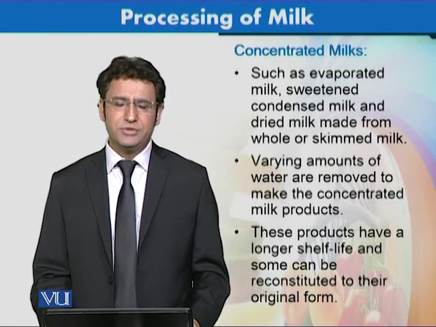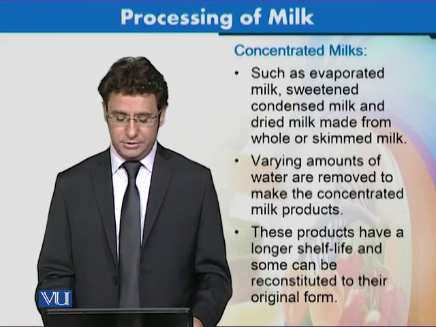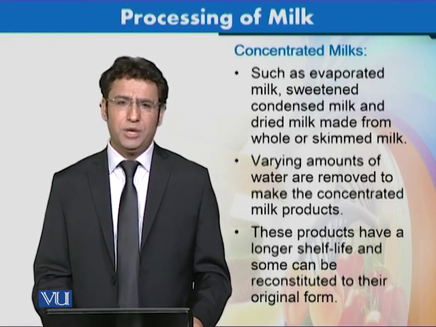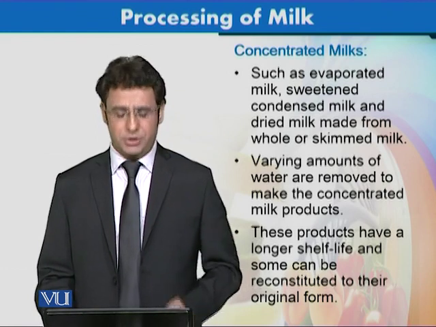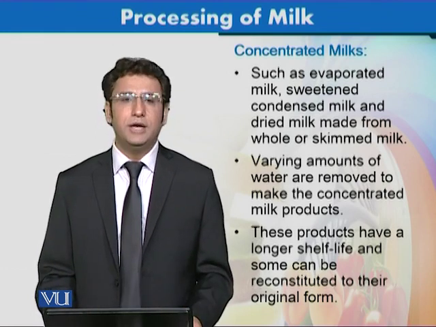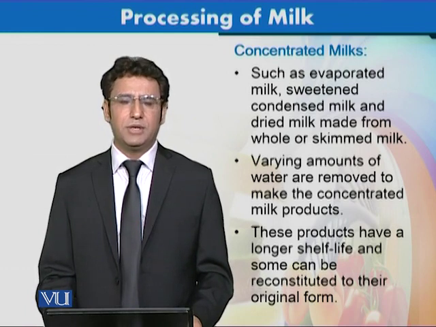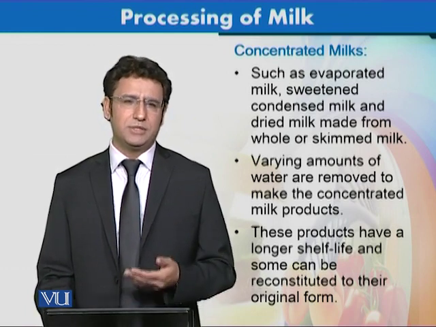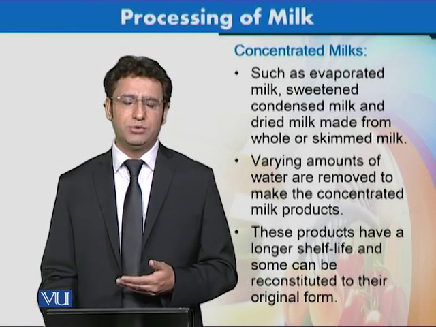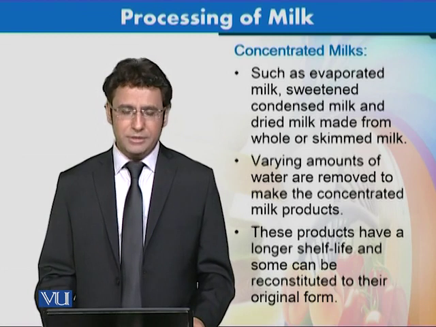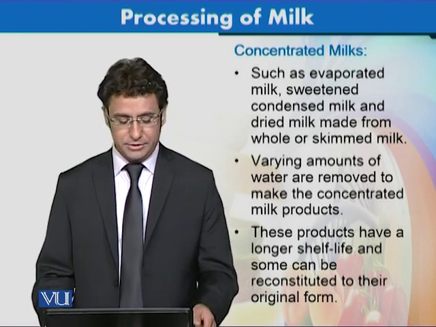Another approach is concentrating milk by removal of moisture. There could be various amounts of moisture removed and various kinds of products achieved by these methods. Mostly we would want the milk to be reconstituted by adding more water to bring it back to its original form. But there are also other kinds of products manufactured by this method.